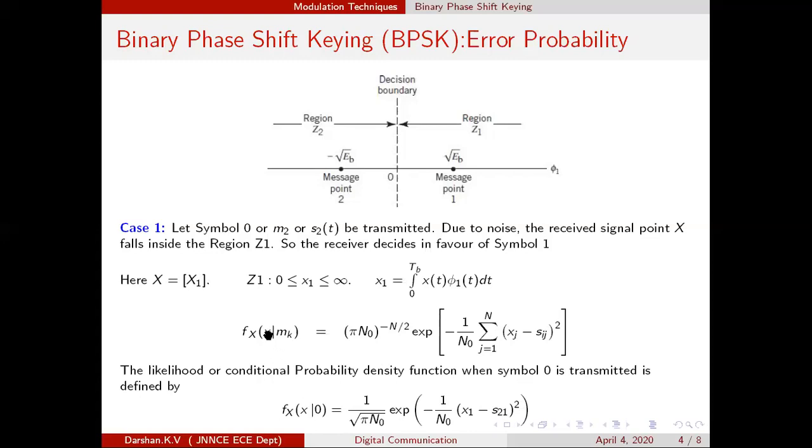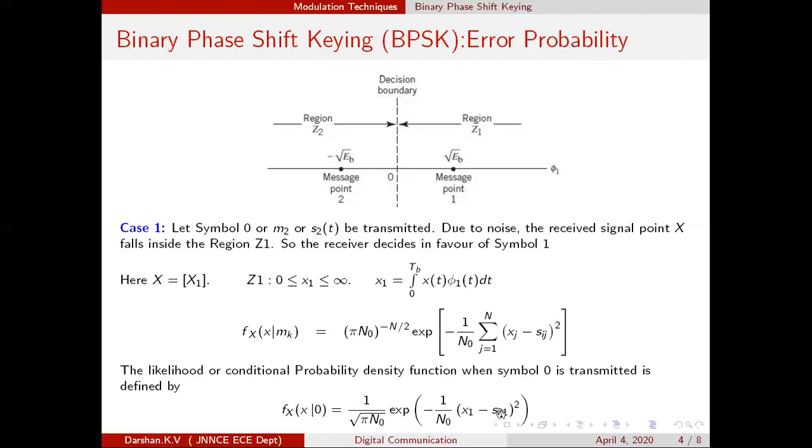Just observe the two equations, fx of x given mk. Instead of m2 I have written it as 0, to maintain uniformity with the textbook and the explanation. Here instead of 0 I could have written m2, but the textbook is following 0. 0 means m2.